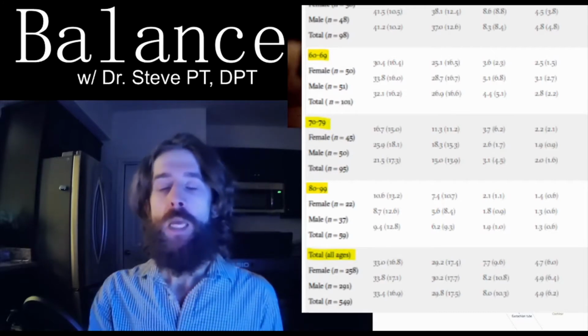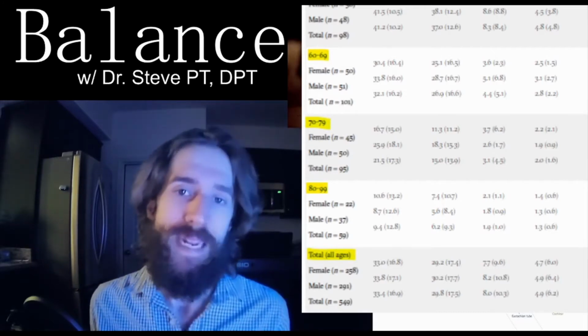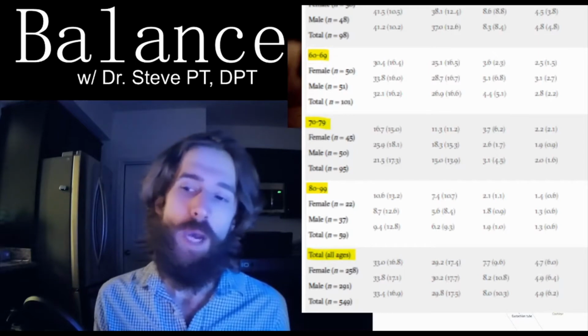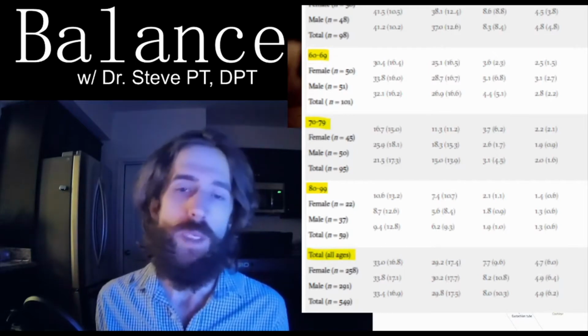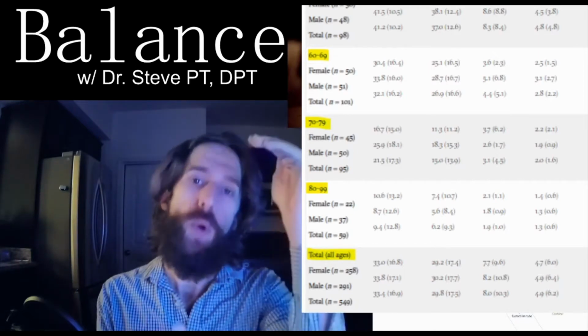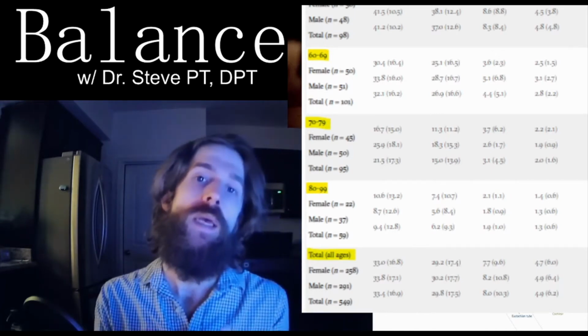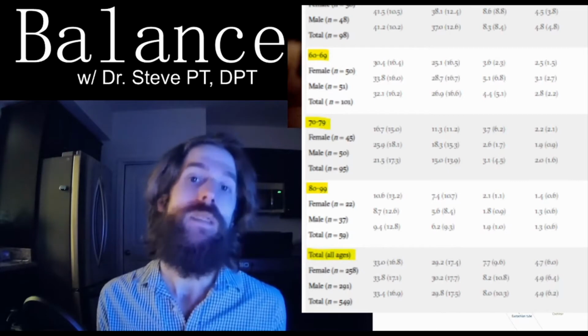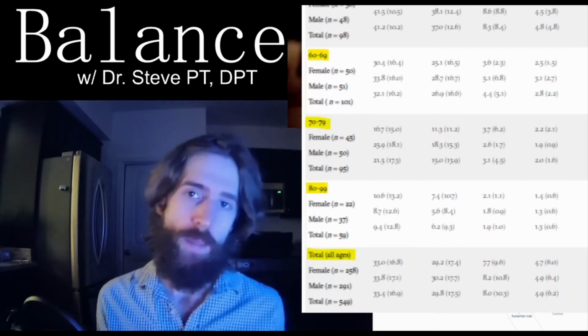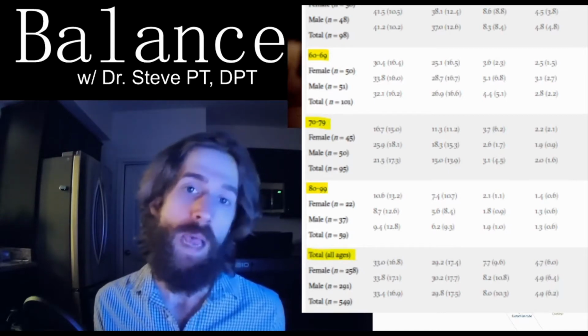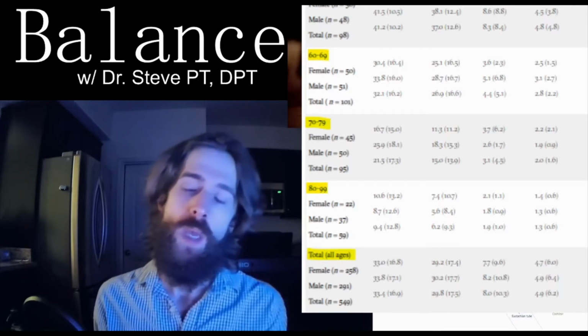So I really bring in this data here to not only help you see a trend, which hopefully you do. You notice that as we get older, that time of us being able to stand on one leg gets less typically over time. That deteriorates, that gets worse. Balance typically gets worse over time.